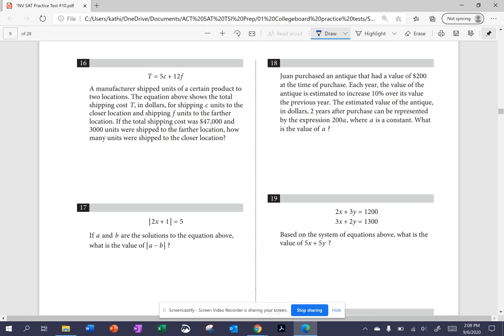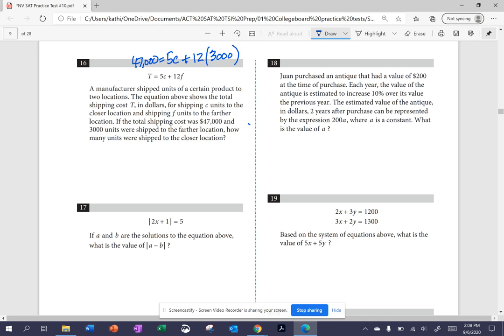So I know that the total shipping costs were $47,000. And I want to solve for C. So this is 5C and 12 times 3,000 here.